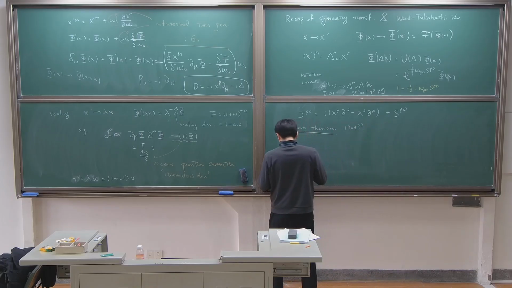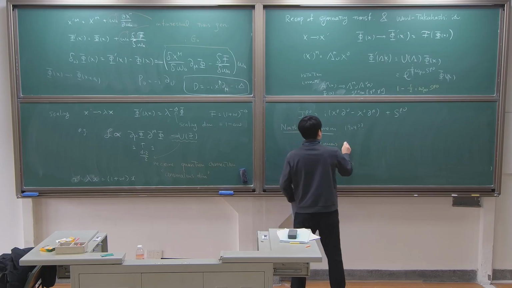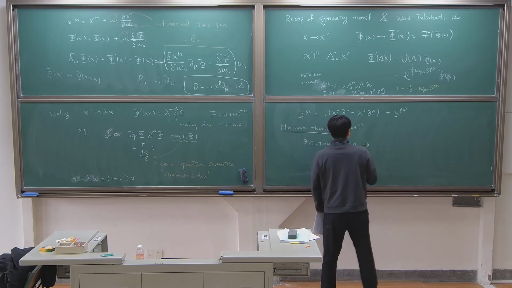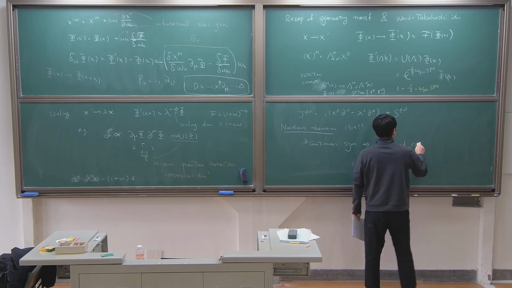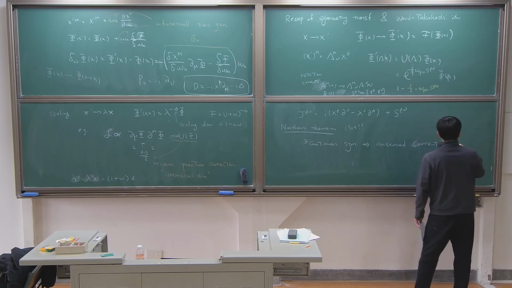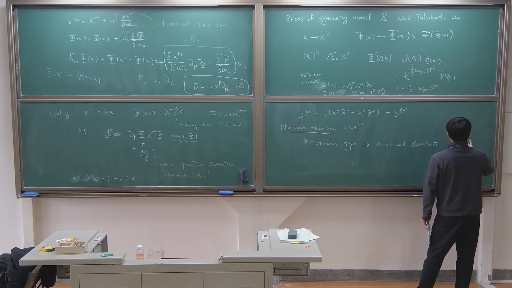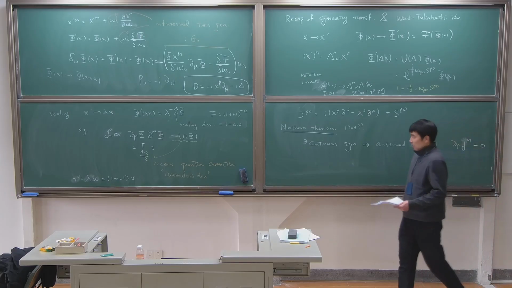So this states that if there is a continuous symmetry, then there exists a conserved current. That's the statement.